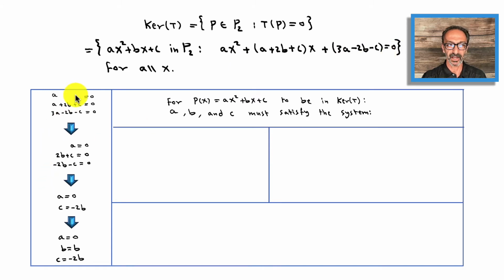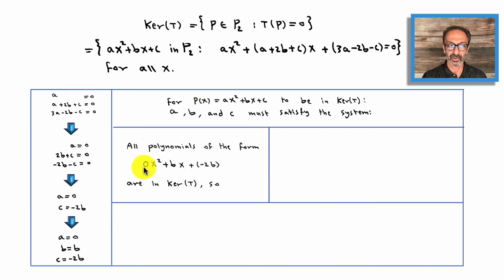By doing some algebra on the side, this is what I came up with. All polynomials of the form ax squared, that means 0x squared, we kept b as b right here, and that's bx minus 2b are in the kernel of T because of the following.